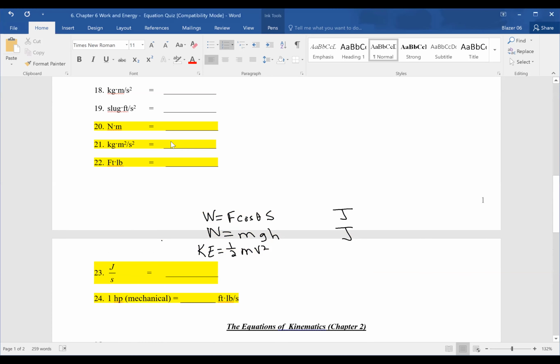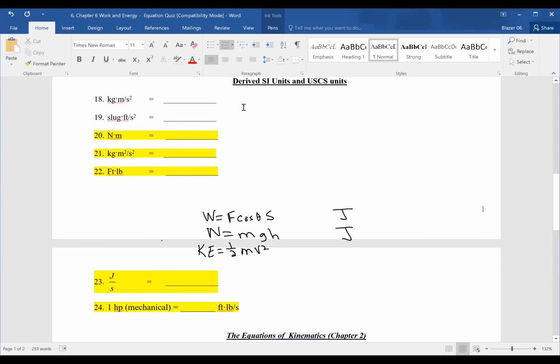Let's go up here and look at this. You see a kilogram meter per second squared, because this is 1/2 mv, velocity squared. In other words, we said that kinetic energy is 1/2 mass, that's in kilograms.